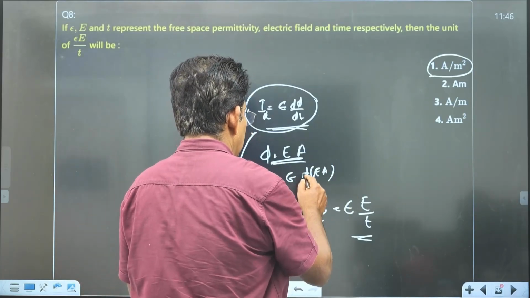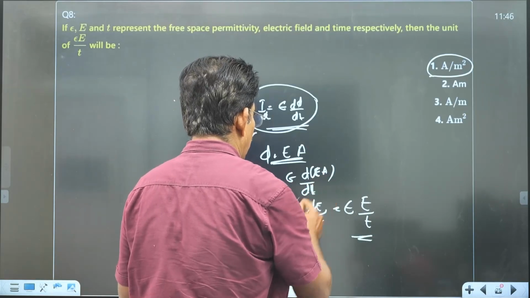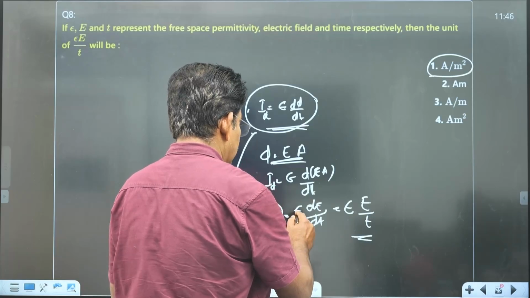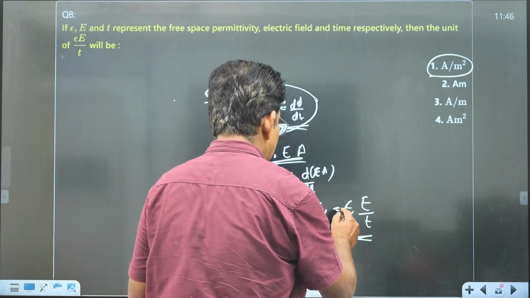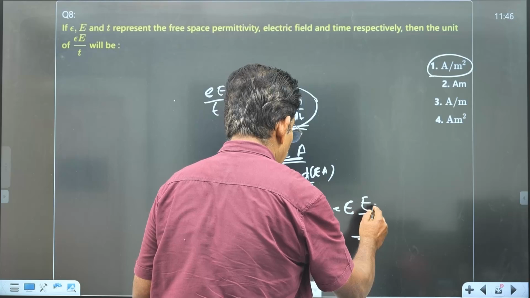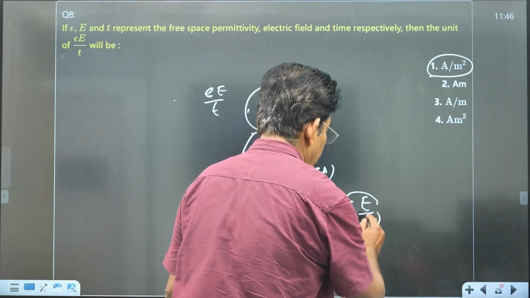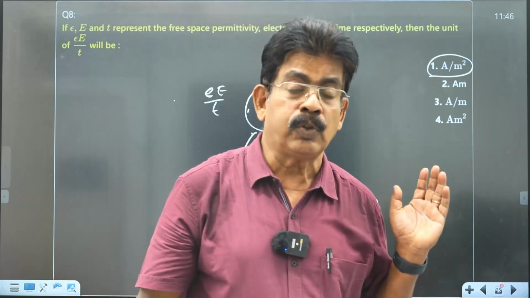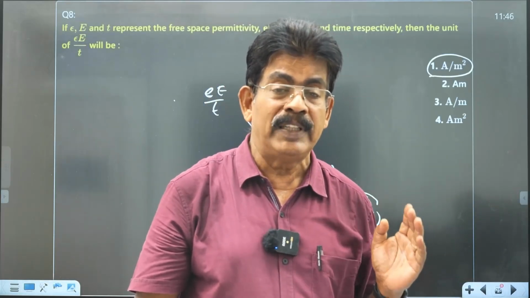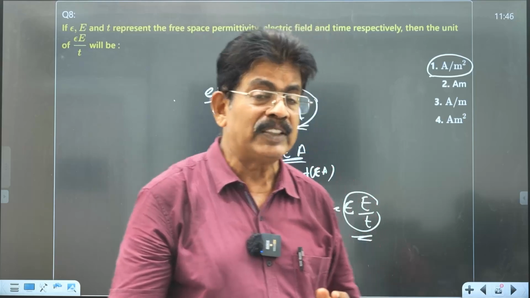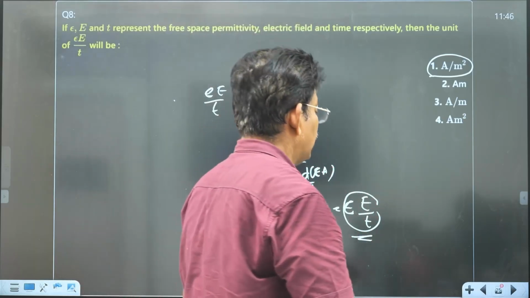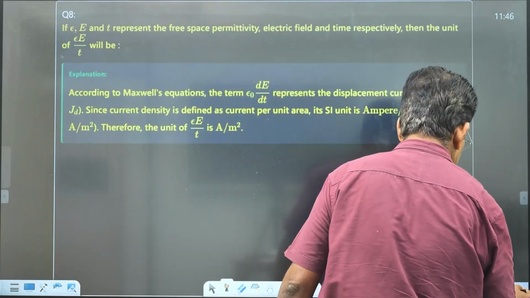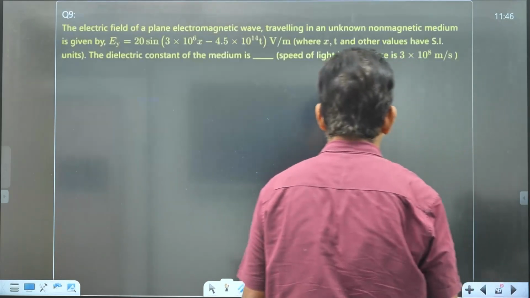So I got d by dt of electric field into A. I take it out, A will go to the other side. I_D by A is equal to epsilon into dE by dt. Dimensionally, that is the same as epsilon into E by t, which is what I want. Just look at the left hand side: displacement current by area, displacement current density, ampere per meter square. So the explanation is given in a more elaborate manner than in the question paper. So I go to the next question.